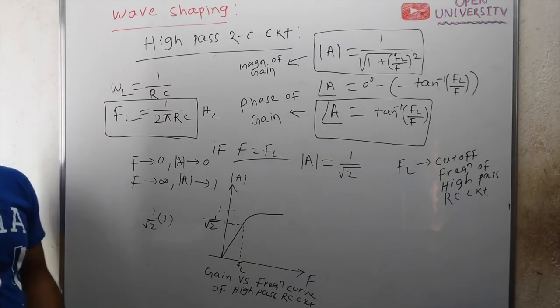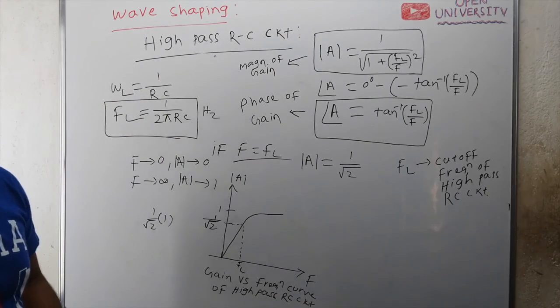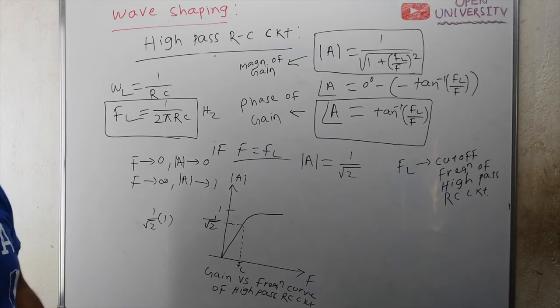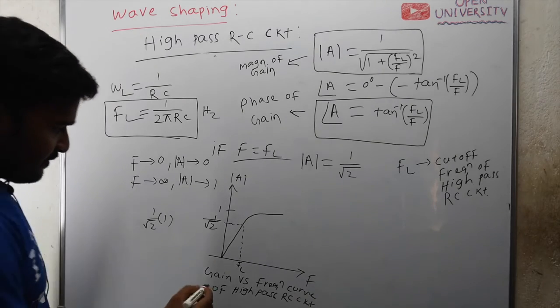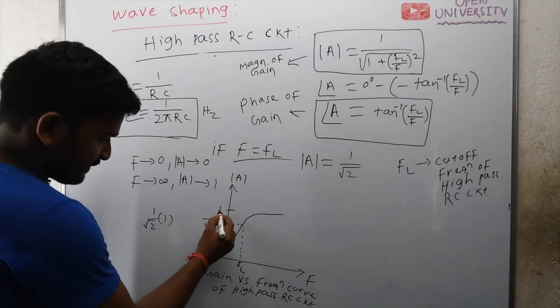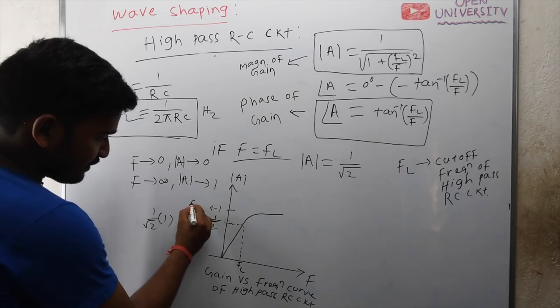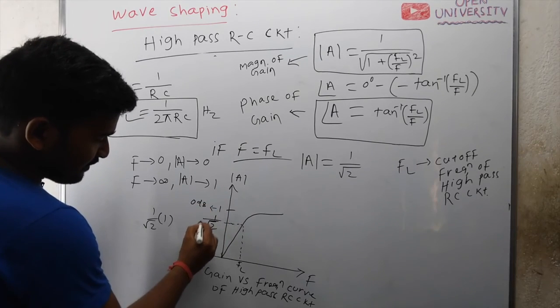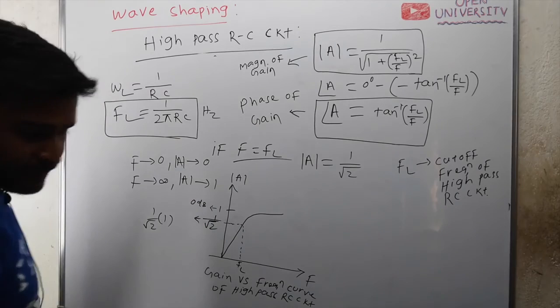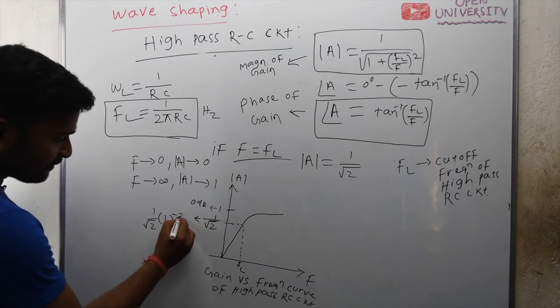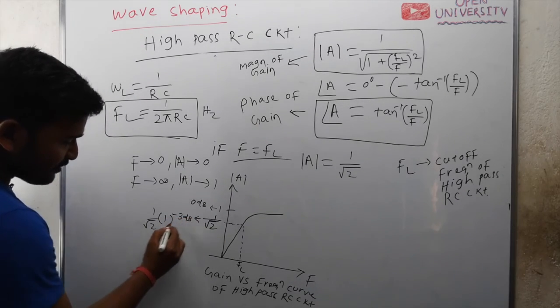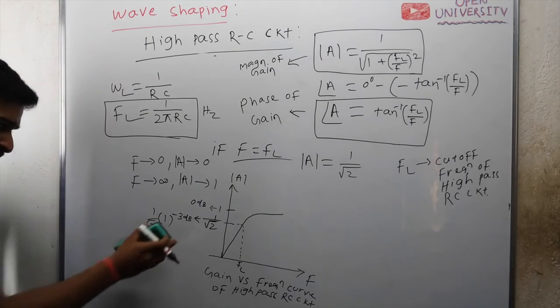This frequency is also called the 3 dB frequency. Because if you calculate 1 in dB, this will be 0 dB, and 1 by root 2 in dB will be minus 3 dB.